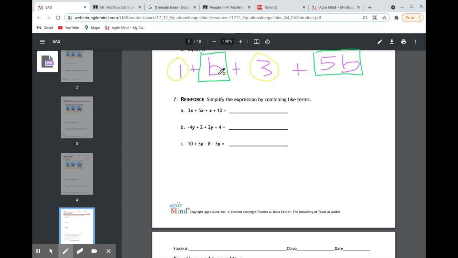And so to combine those, you'll notice that it says to add. So I'm going to do 1 plus 3, and I get 4. And then I'm going to do b plus 5b, which is 6b. And this is as far as I can go because these are not like terms anymore. So my answer is 4 plus 6b. And so you're going to answer A through C exactly the same.